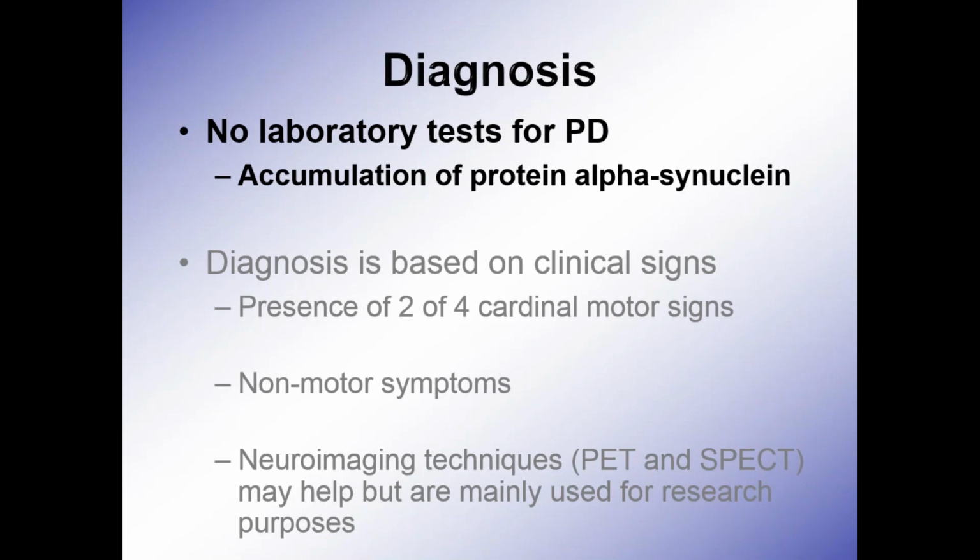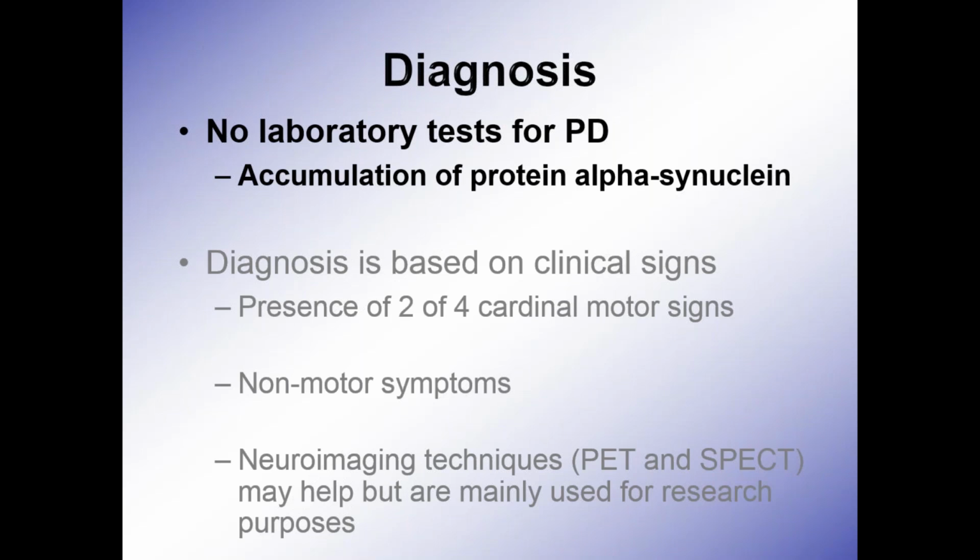Okay, the next thing we're going to talk about is diagnosis. How do we know if we actually have Parkinson's? We used to say that there was no laboratory tests for Parkinson's, and this has been updated that there's actually one test, and we're going to talk about this in a moment.